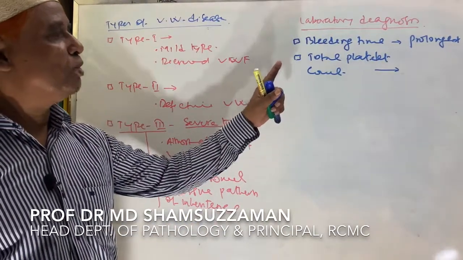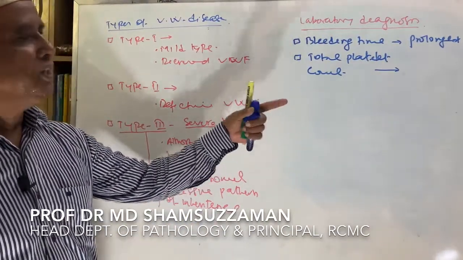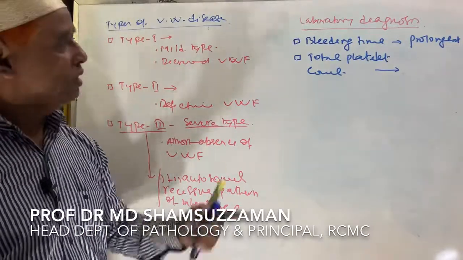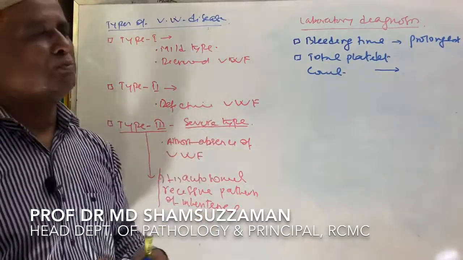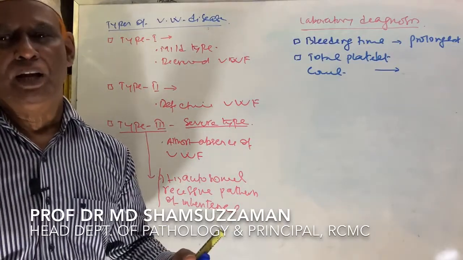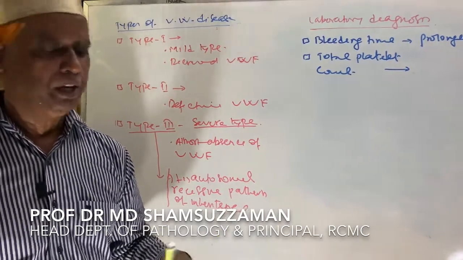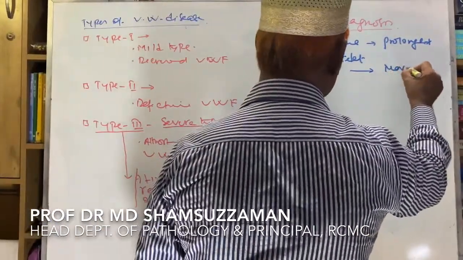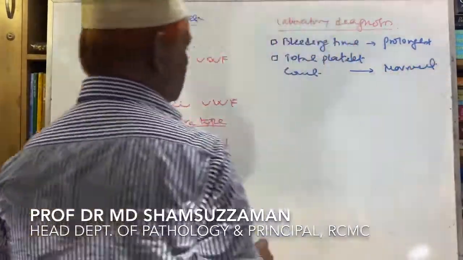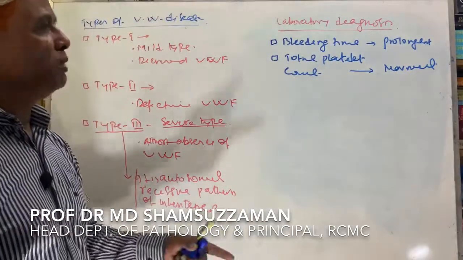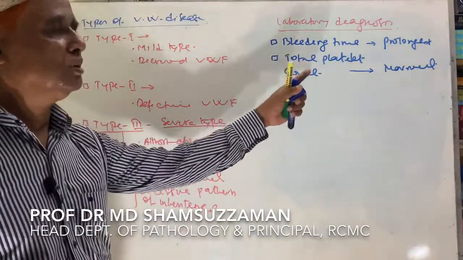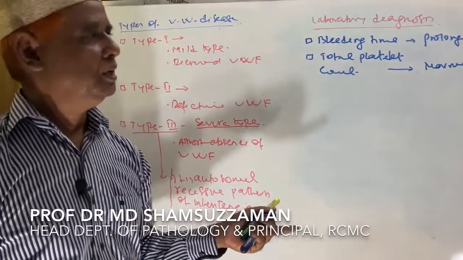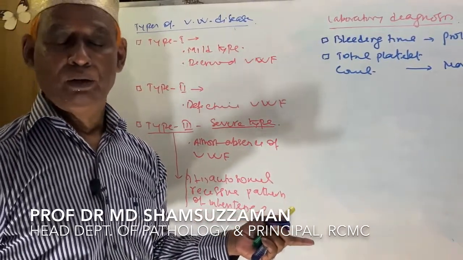Here there is prolonged bleeding time in spite of normal total platelet count, because due to deficiency or defect of von Willebrand factor there is no platelet addition to arrest bleeding.